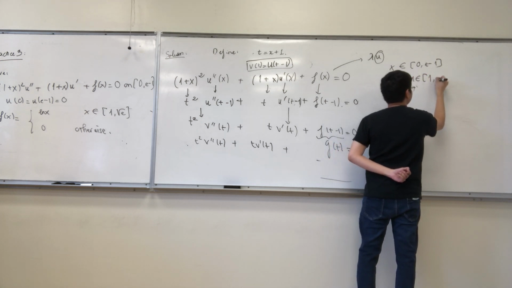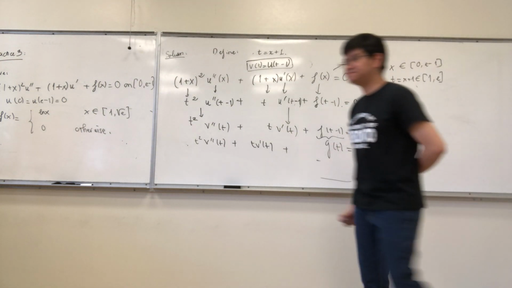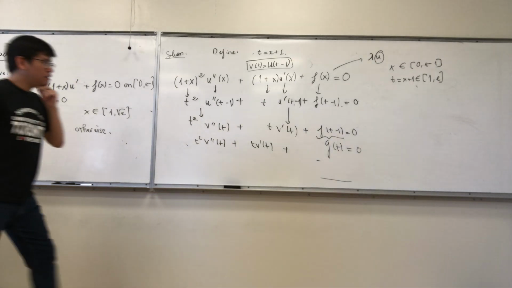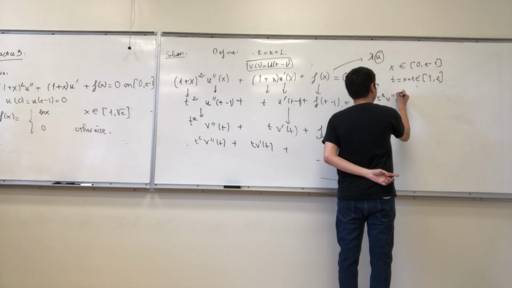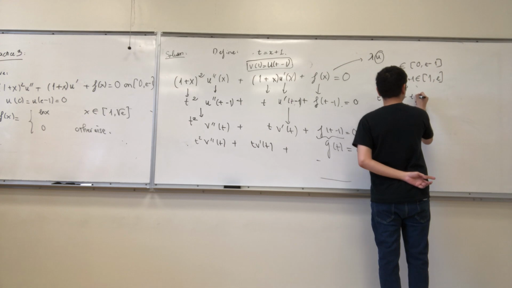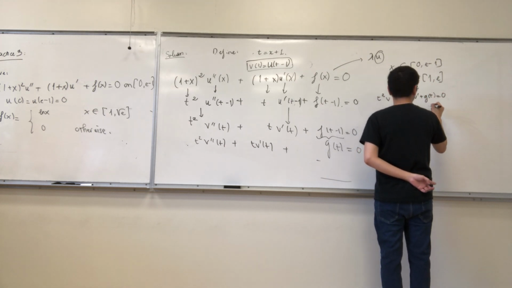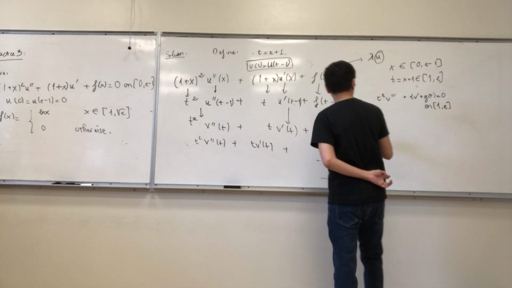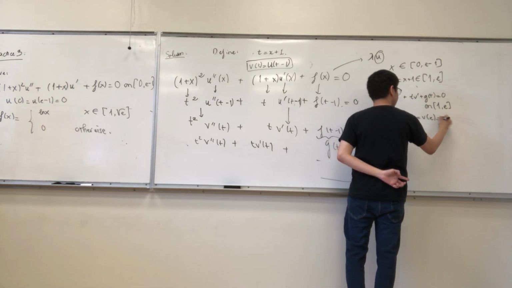The range will be from 1 to e. Is it clear? Questions? Now I have a new equation: t squared v double prime plus t v prime plus g(t) is 0 on 1 to e, and I have v(1) is 0, and v(e) is 0.